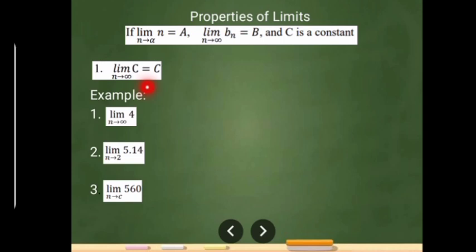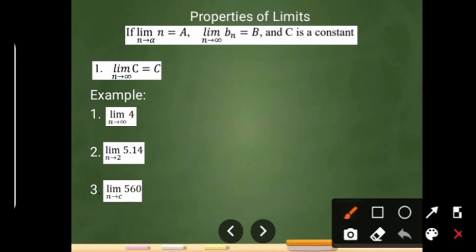For example number 1, limit 4 as n approaches infinity equals 4, because the limit of a constant is itself. So the answer is 4.